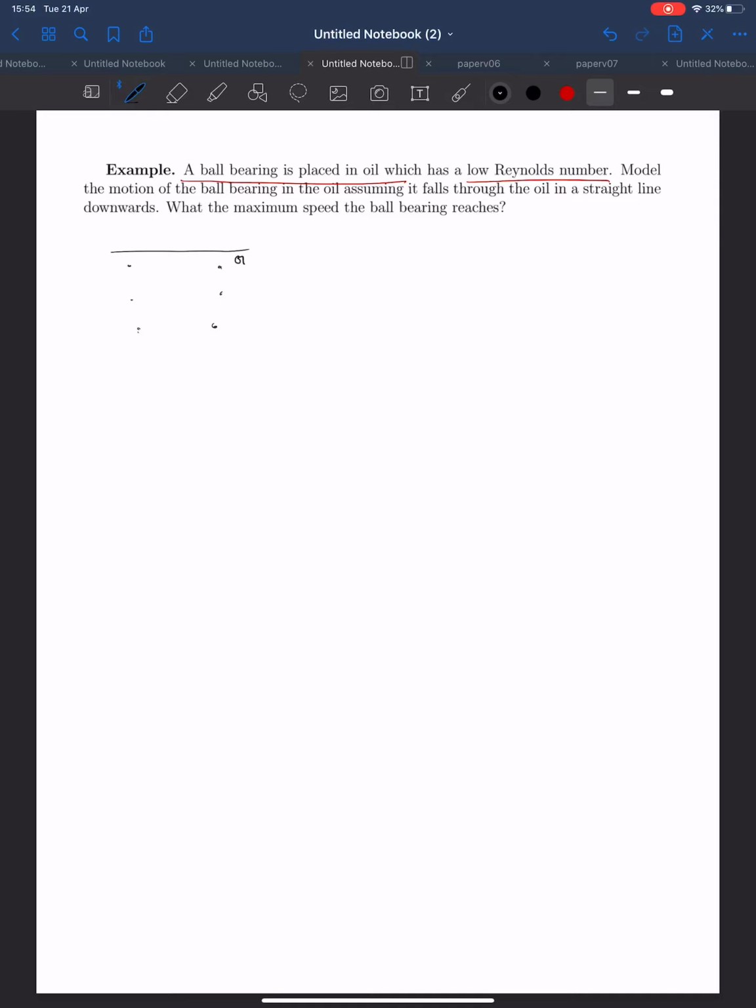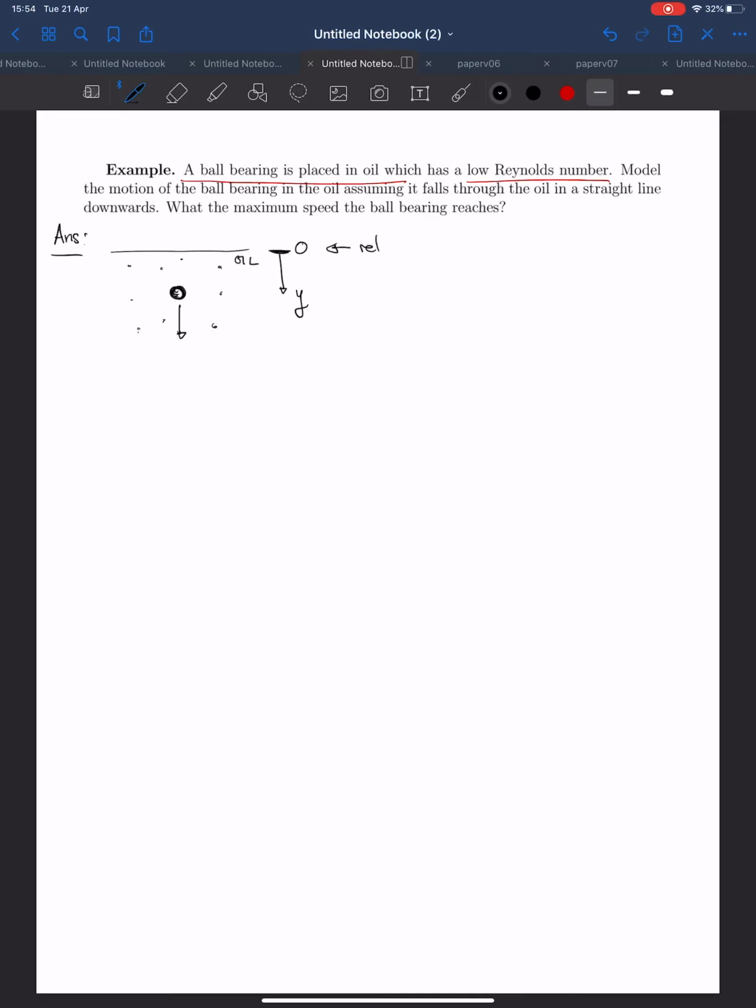Oil. And this is our ball bearing, and it's falling down. Let's suppose this is the top of the oil, and y. Now I'm choosing our reference system so that y points downwards. Here, it was released here.